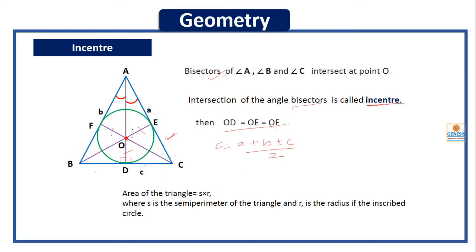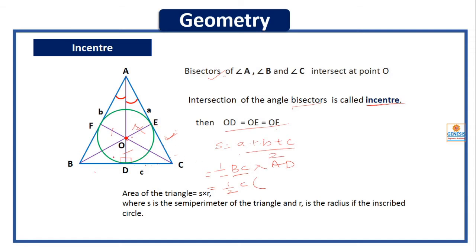This is R. You can use that also. Generally, the area is half BC into AD, right? If it is directly given, you can use this. BC is the base, but AD you have to find out.